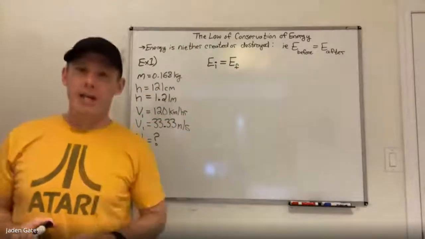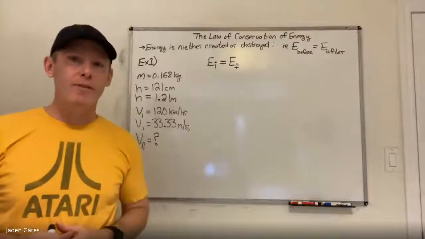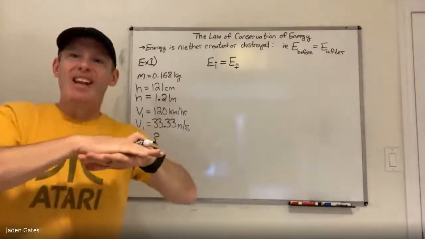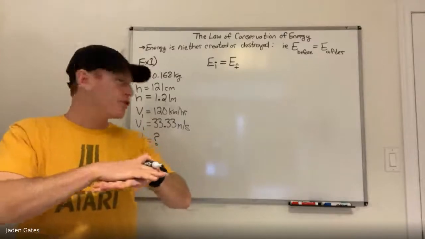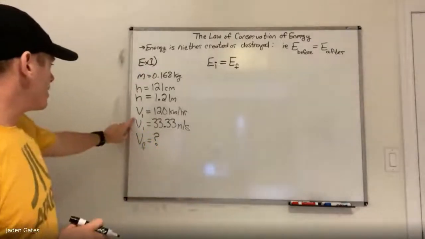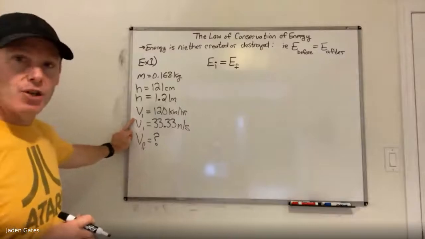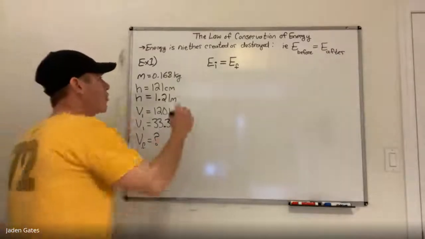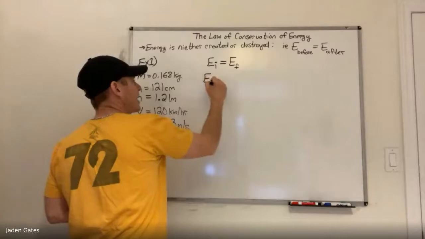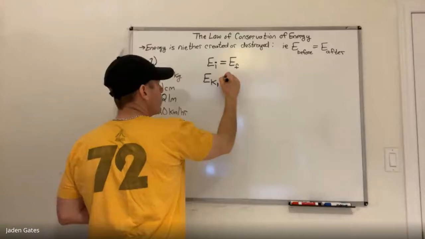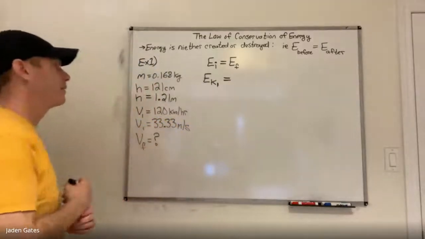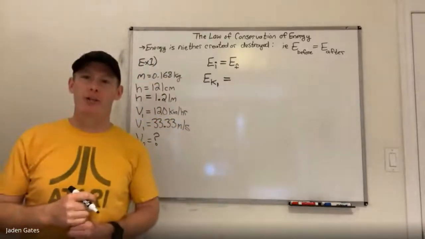In the very beginning, the puck has no gravitational potential energy, because it has no height. If you have no height, you have no gravitational potential energy. But it does leave the stick from the ice going very, very quickly, and so we have kinetic energy to start off. I'll call it EKi or EK1 because it's at the very beginning.